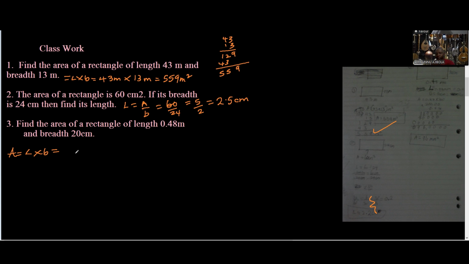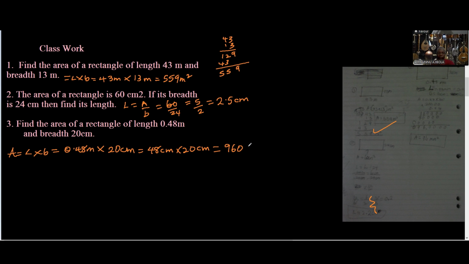So this is 0.48 meters times 20 centimeters. And because the units are not the same, you have to take them to both centimeters or both meters. So this is going to be 48 centimeters times 20 centimeters. So what is 48 times 2? That's 96.